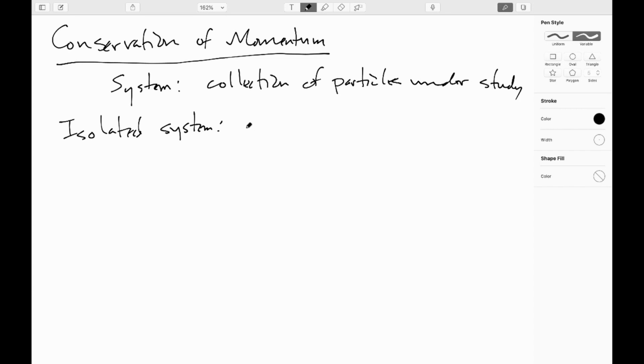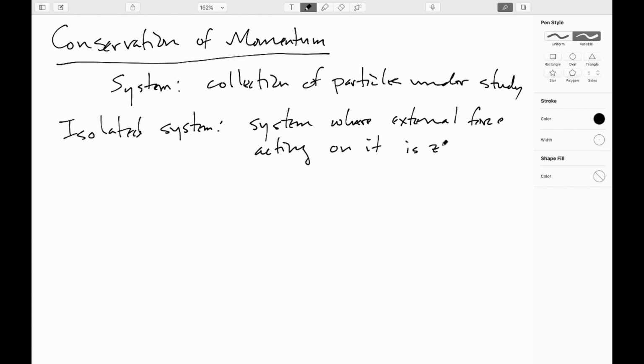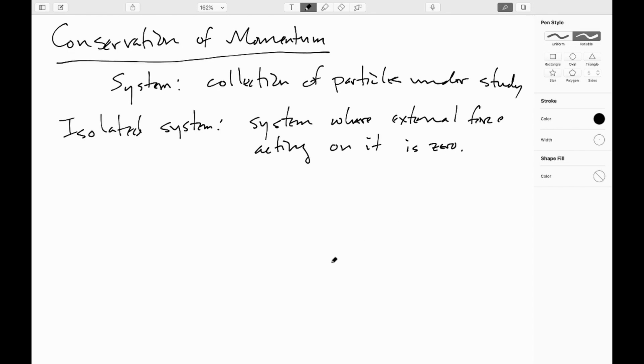So this is a system where the external force acting on it is 0. There we go. So just to kind of clarify here the forces that count and the forces that don't.